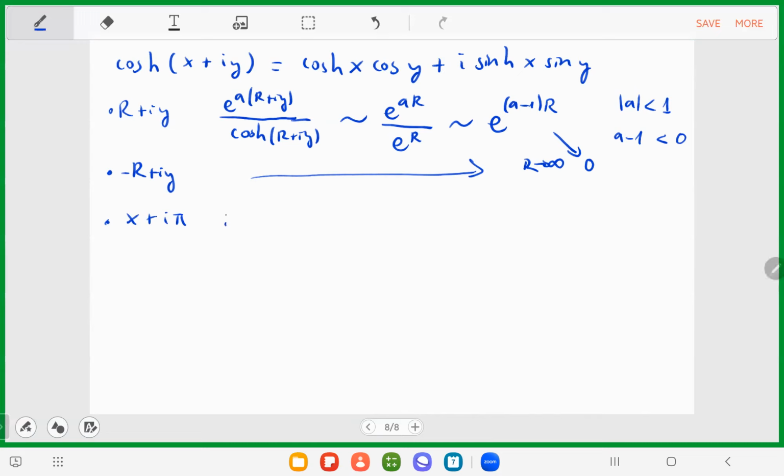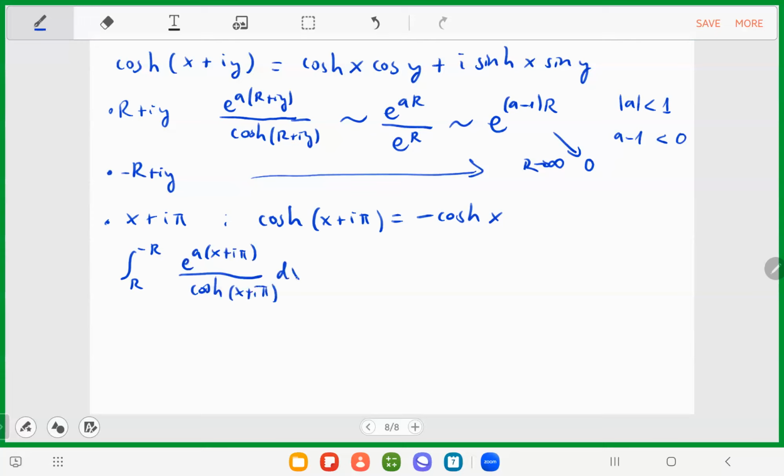So that means the hyperbolic cosine of x plus iπ is easy to see, that is just minus the hyperbolic cosine of x. Okay. And we can write, remember, we had the limits reversed, from r to minus r, of the exponential of ax plus iπ divided by the hyperbolic cosine of x plus iπ dx.